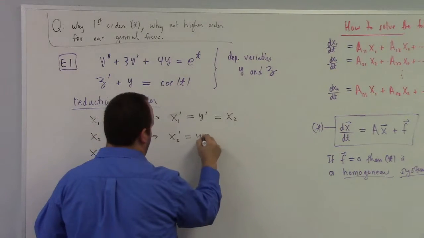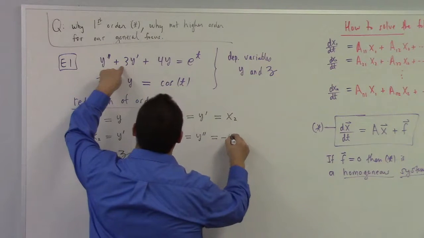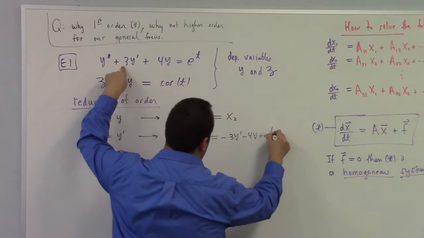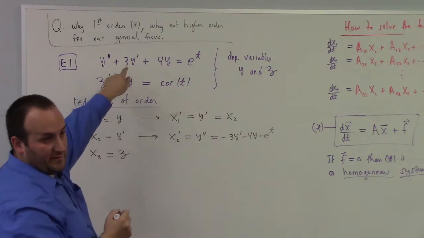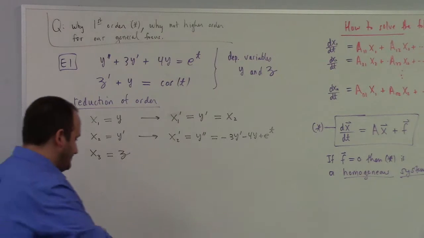And let's see here, what's x2 prime? That is y prime prime, which, if you solve this, is minus 3y prime minus 4y plus e to the t, right? Solving my first differential equation for y prime prime. And so what do I get there?